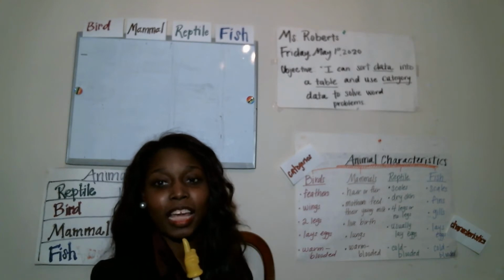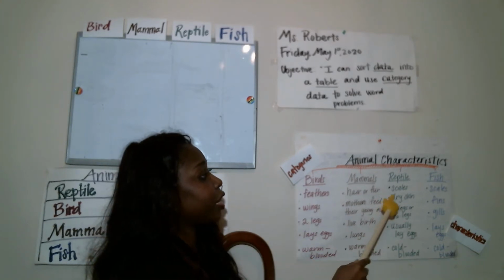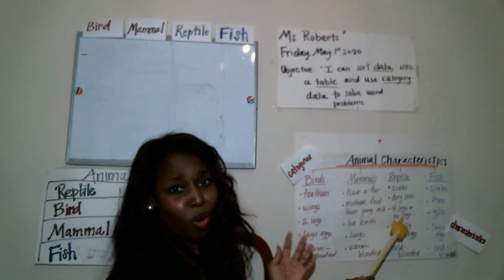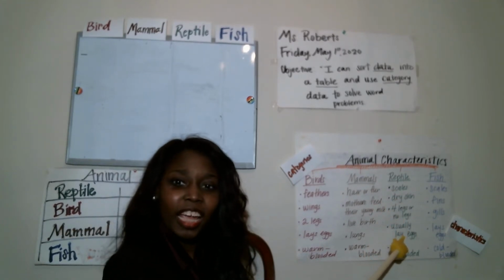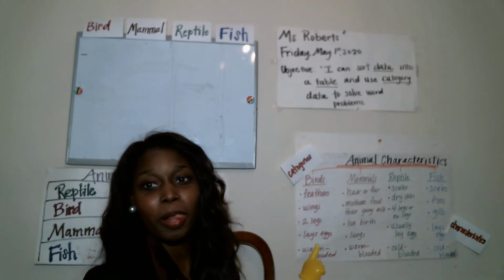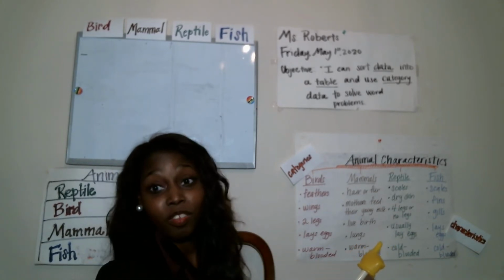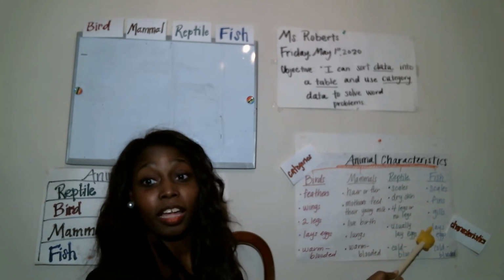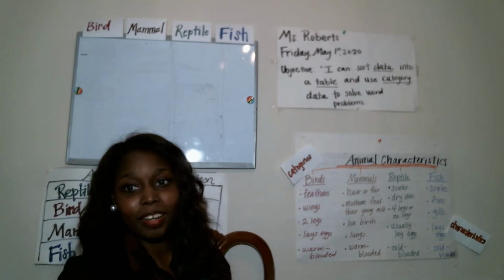Can I get the next category? Reptiles have scales, dry skin, four or no legs, usually lay eggs, and are cold-blooded. All right, the next category is fish. The characteristics for fish are scales, fins, gills, lays eggs, and are cold-blooded.